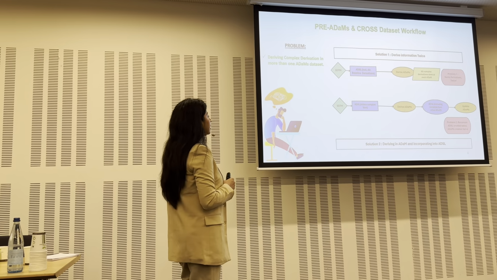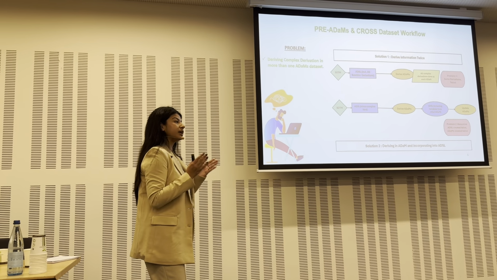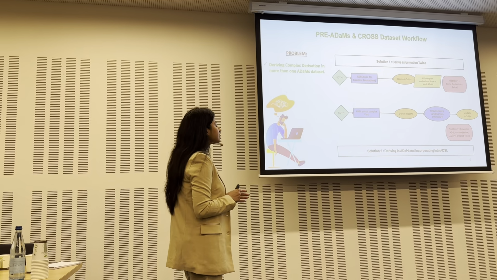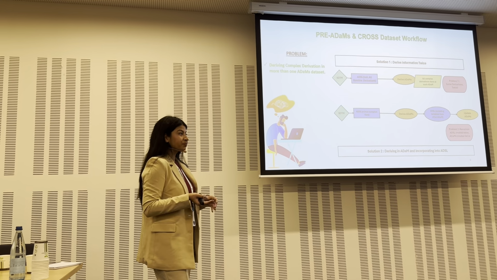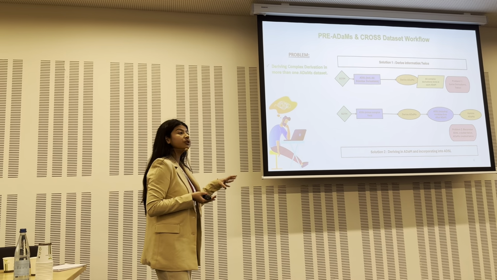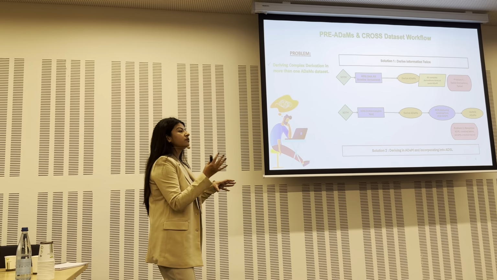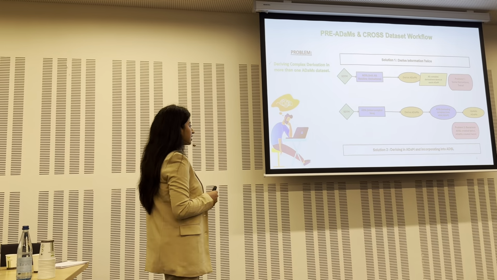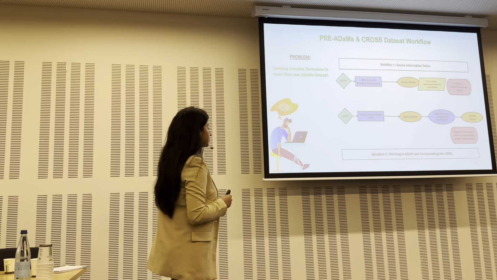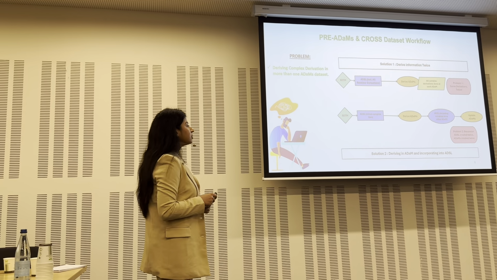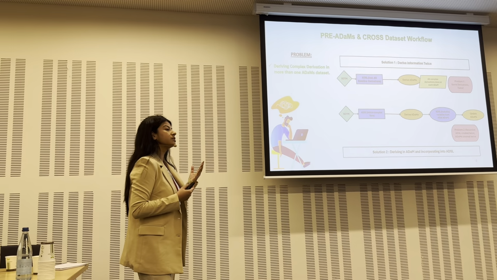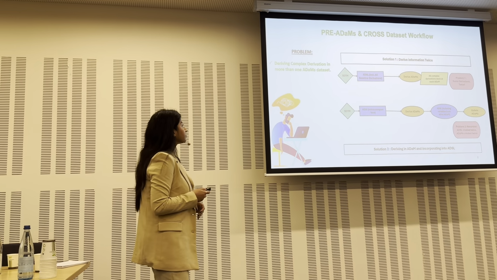The second one is that we derive a very simple ADSL, minus all the complex variables. Then we derive the ADaMs, and from the ADaMs we derive the final ADSL, which now contains all the complex variables after merging with the ADaMs. And from here, we merge and form the final ADaMs. What's the problem here? The problem is recursion. ADSL gets created twice, and ADaM is getting created twice.